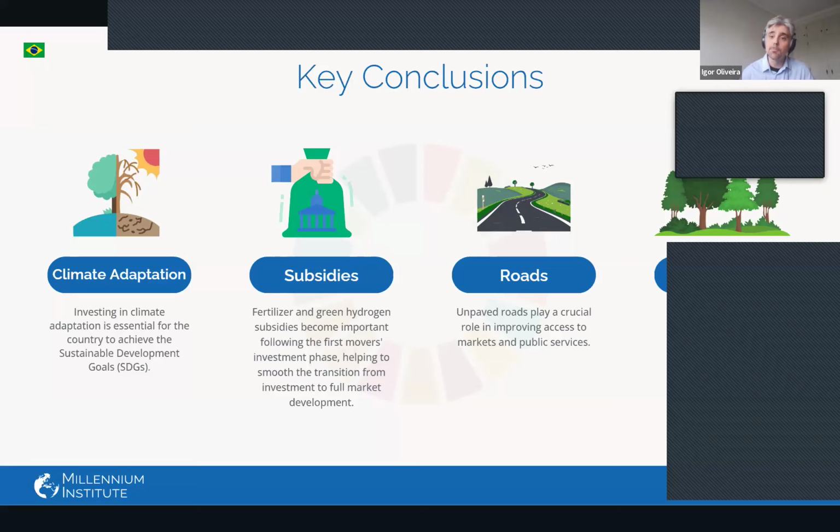We need to take care of our unpaved roads. We need to invest in reforestation and hydro. So that's sometimes when the conversation is starting to be more interesting, when we unfortunately have to leave the country and leave it for our local counterparts to continue the policy engagement and take it to the political debate, right?